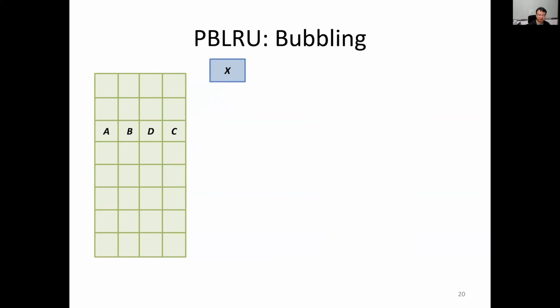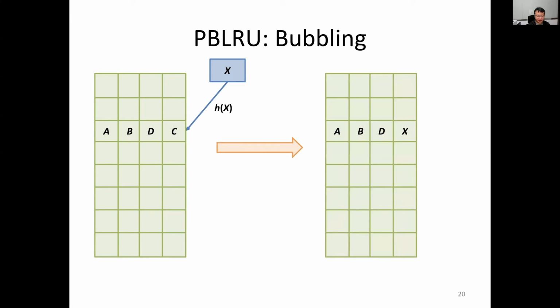This time when we look up another key X that maps to the same bucket by the hash function, X is not in the bucket. So we have to find a victim for X. Instead of randomly picking a victim, we always replace the last entry in the bucket with the key X. And this operation is called eviction.